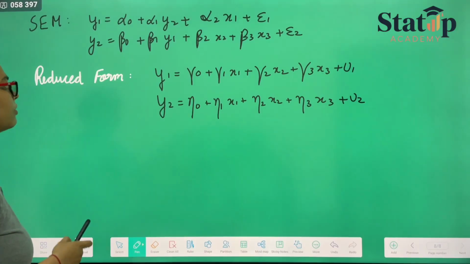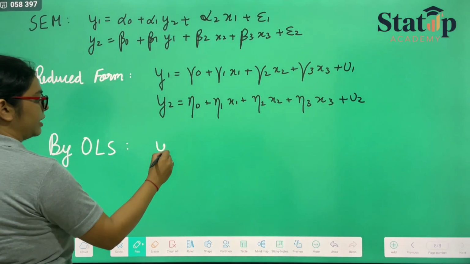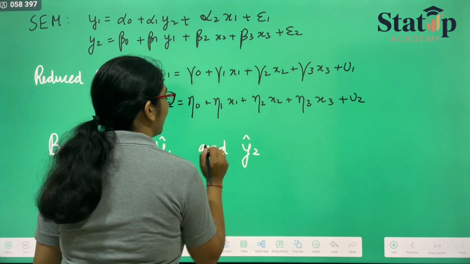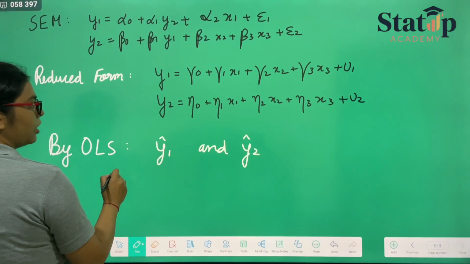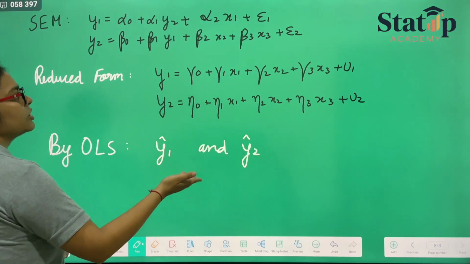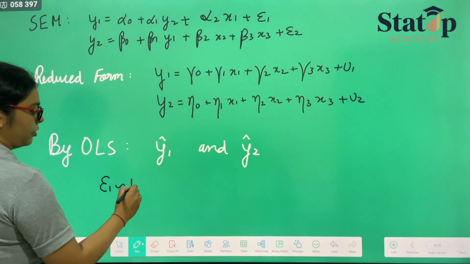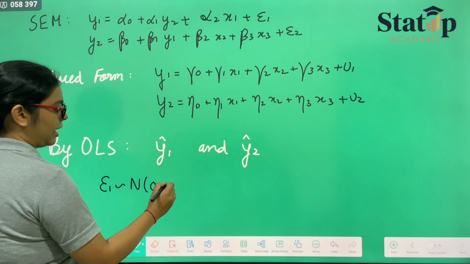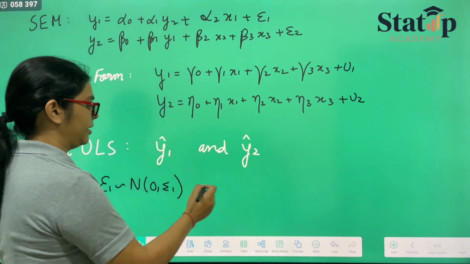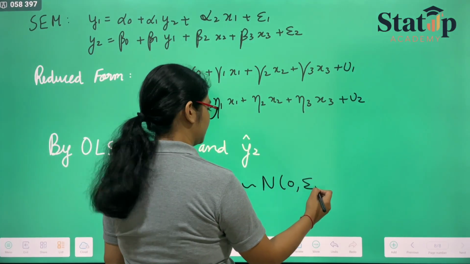Now by solving these two equations by OLS, we will get y1 cap and y2 cap, and we will also get u1, and we will put this y1 cap y2 cap in the above one, and we will get epsilon 1 follows normal with 0 and sigma 1 as your variance, and epsilon 2 follows normal with 0 and sigma 2.